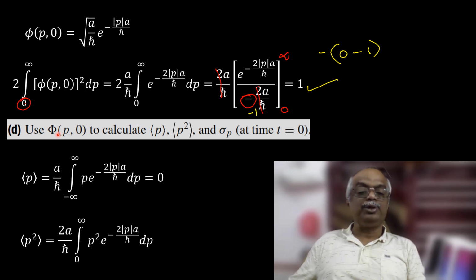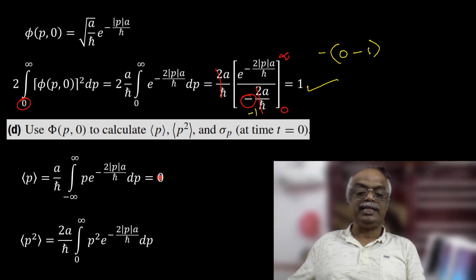Now use psi of p, 0 to calculate expectation of p, p squared and sigma p at time t equal to 0. Now the expectation value of p is p times the modulus square of this momentum-space wave function, which is a over h cross e power minus 2 modulus p a over h cross, dp.